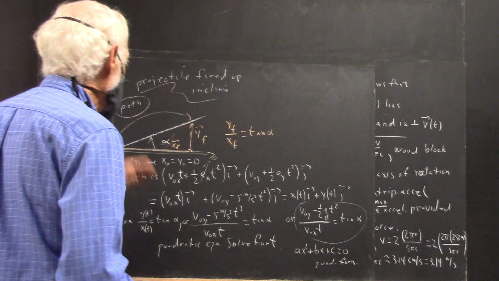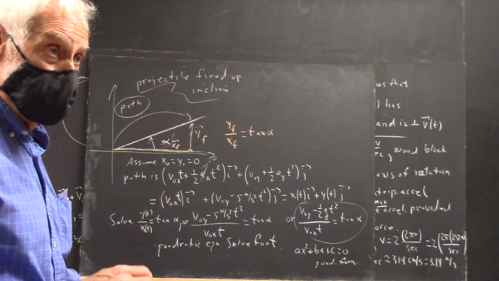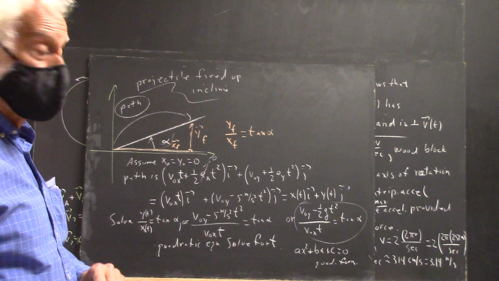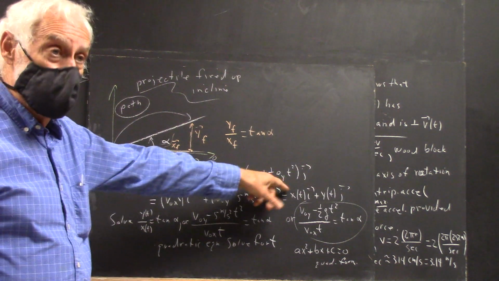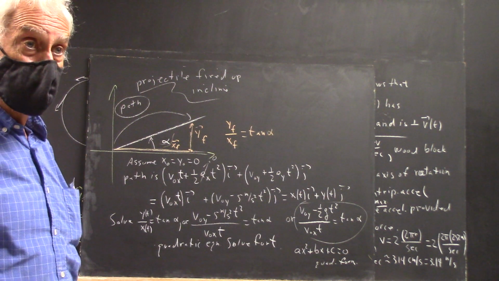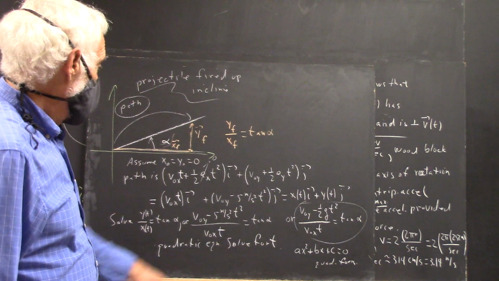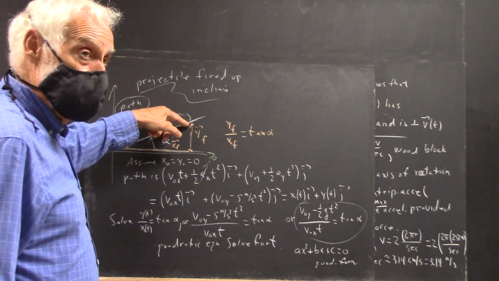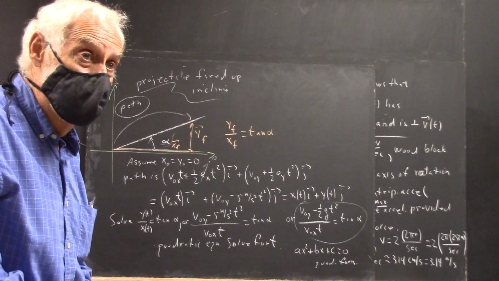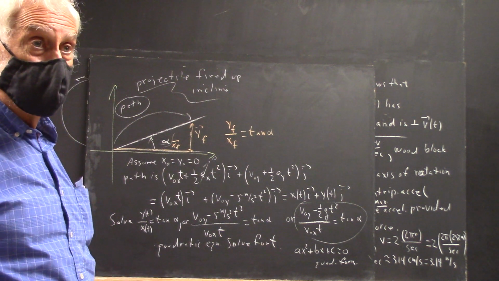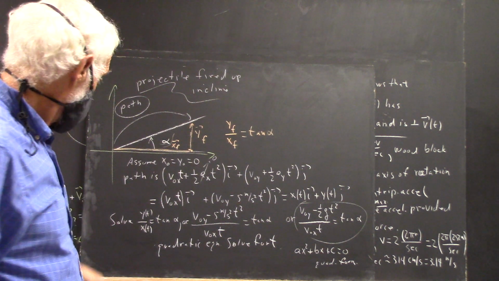So what looks like a really daunting situation really is not that bad, because it's easy to get this if you have sufficient information. Once you see that this over this has to equal the tangent of theta for this thing to hit the incline, pretty much home free. Okay, very good.